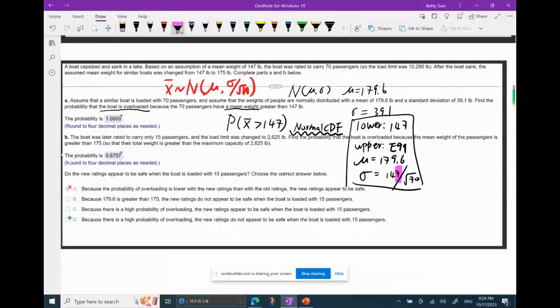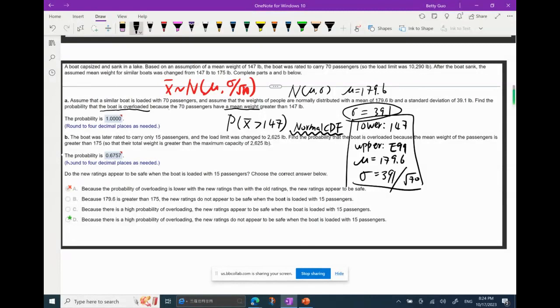My bad. 147. Hold on. Oh, my bad. Sigma is 391. Yeah, this is sigma, 391 divided by root 70. So let me fix that.